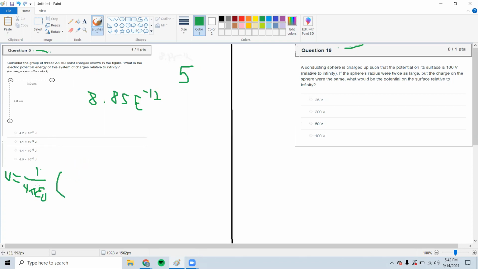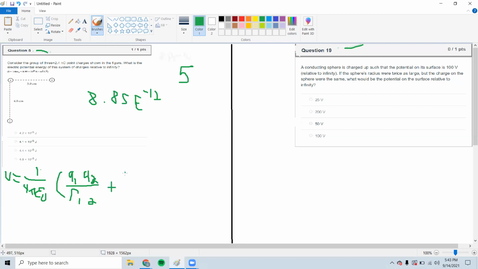So K times Q1 times Q2, divided by R12, which stands for the distance between charge 1 and charge 2.